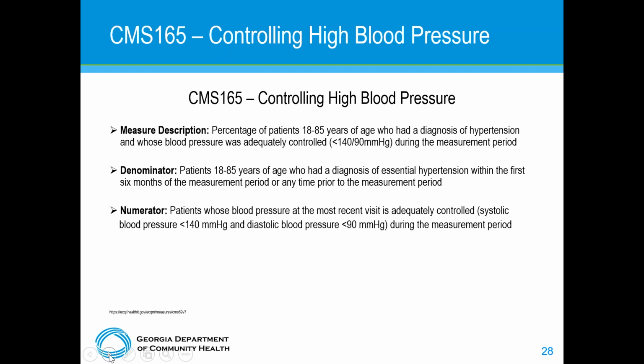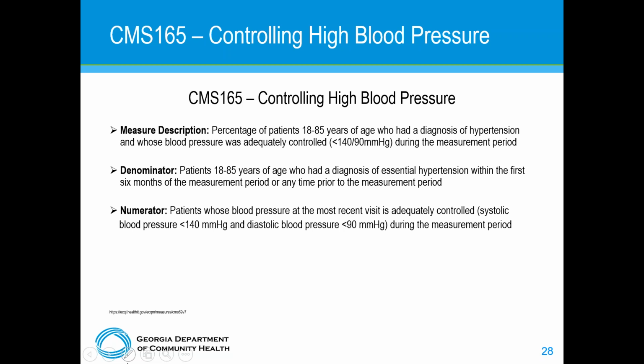So the next chronic condition measure is CMS 165, controlling high blood pressure. This measure description is the percentage of patients 18 to 85 years of age who had a diagnosis of hypertension and whose blood pressure was adequately controlled, less than 140/90, during the measurement period.